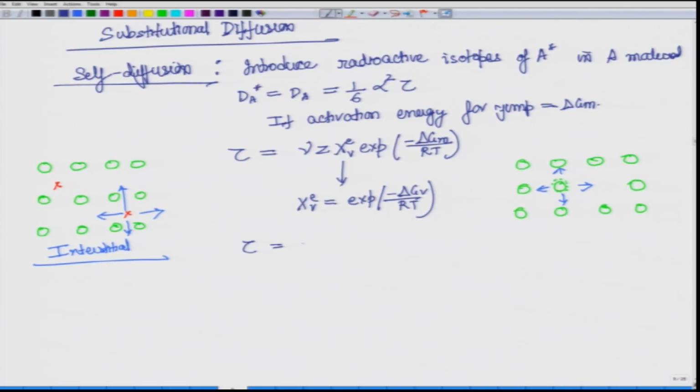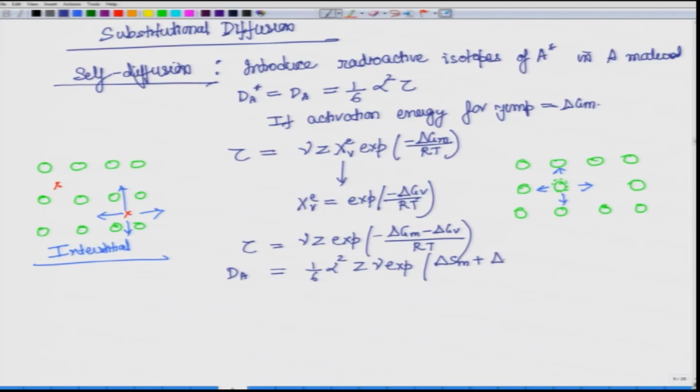And if we look at diffusivity, if we are calling it D A, then this becomes, and we will also expand delta G to delta H minus T delta S. Therefore, this becomes delta S, two components for delta S also.